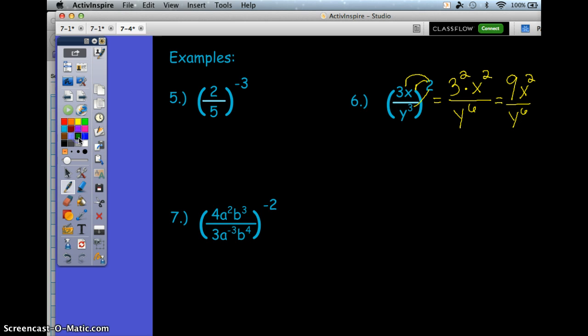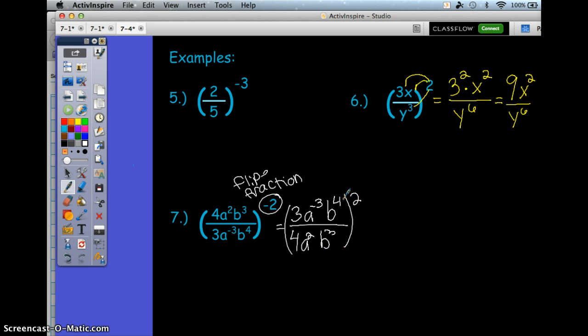Number 7, anybody remember the trick? I'm going to use the trick, and right from the beginning, I have this negative exponent, so I'm going to flip the fraction. You don't have to, but I just think that's easier. Get rid of that negative exponent. So now we have 3a to the negative third, b to the 4th, over 4a squared, b cubed, all positive squared now.